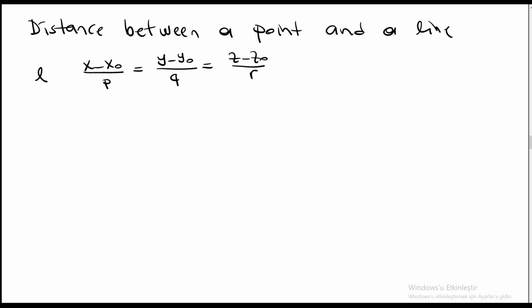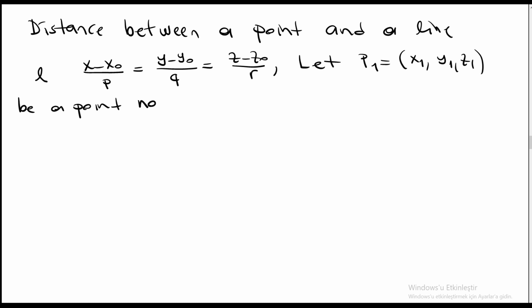So this is our line, and let P1, x1, y1 and z1 be a point not located on the line.